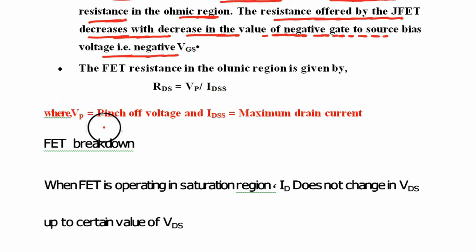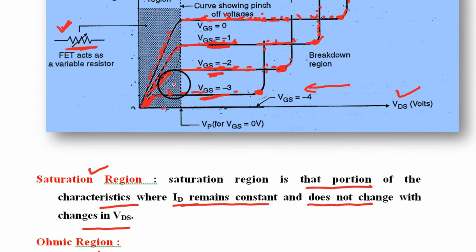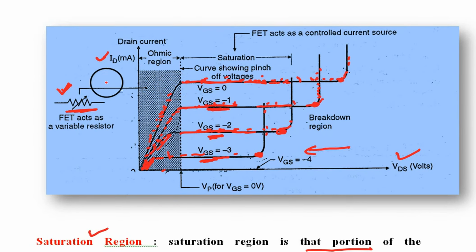Now, what is the pinch off voltage? It's the maximum drain current. Pinch off means, like at here, what happens? You are increasing VDS, but the drain current is not increasing, it is constant.